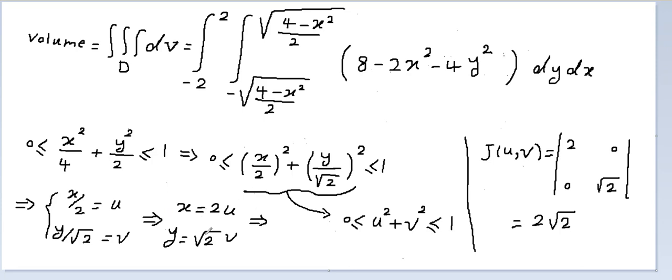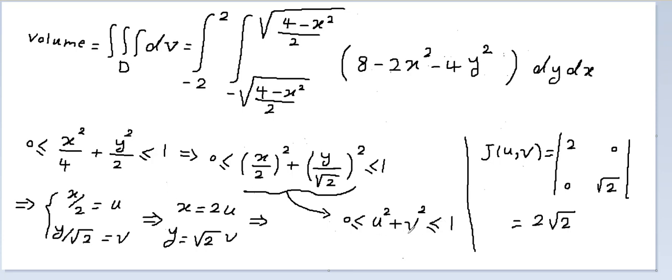By this substitution, your ellipse in the xy plane will be converted to a circle in the uv plane, right? Because this is u squared plus v squared, so u squared plus v squared equals 1. This is a unit circle in the uv plane, a circle centered at 0 of radius 1.